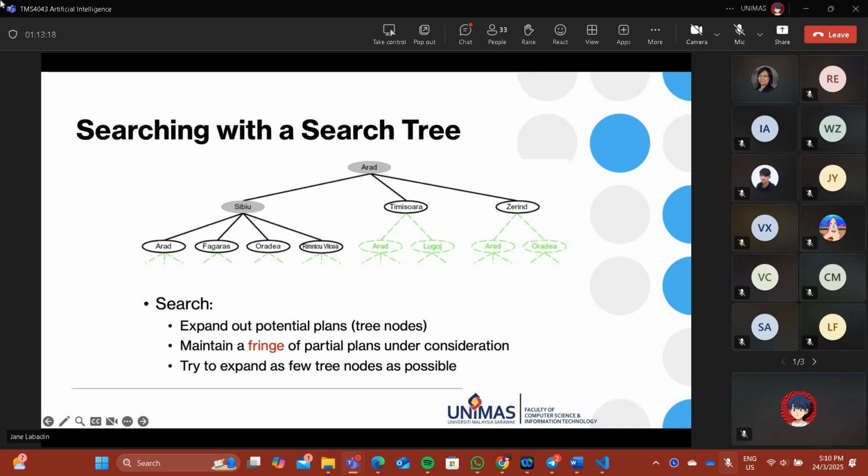And then from your fringe, depending on your searching algorithm, are you going to expand this node, or go to the next one? So either going downwards, Arad and so on, or you expand Timisoara. It depends on the algorithm.